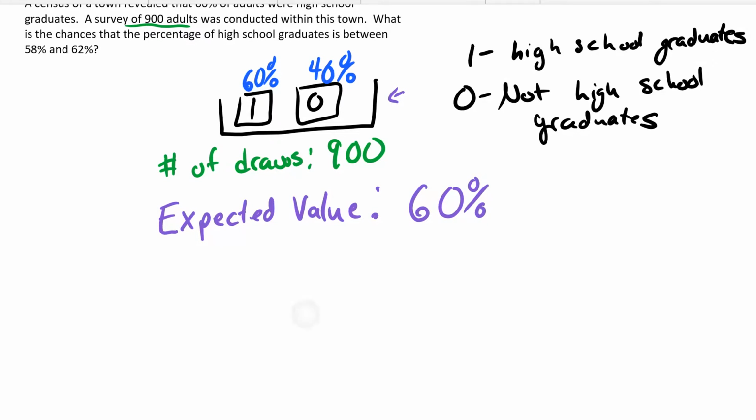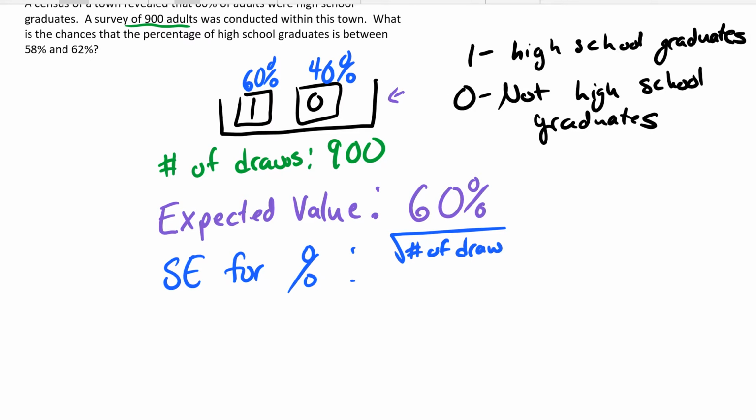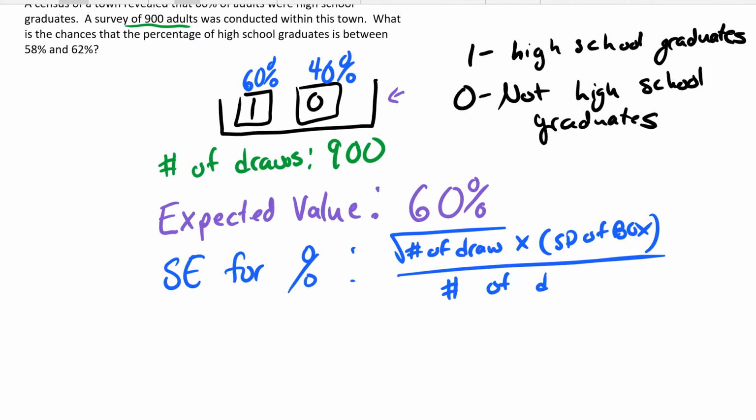Next, we want to calculate the standard error. For percents, the formula is the square root of the number of draws times the SD of the box divided by the number of draws times 100%.